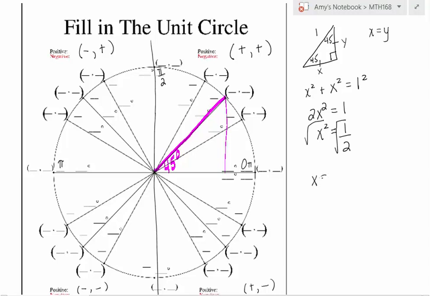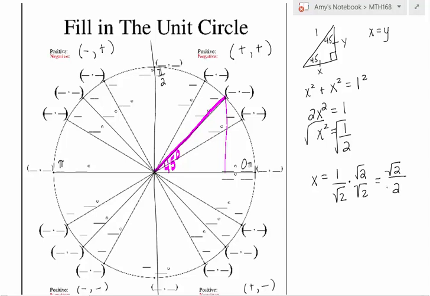So when I take the square root of both sides, the square root of 1 is 1, and the square root of 2 is square root of 2. Well, I want to get rid of the square root of 2 in the denominator, so I'm going to multiply the square root of 2, top and bottom. That will rationalize my denominator and get that radical out of the denominator, leaving me the square root of 2 over 2. Because square root of 2 times square root of 2 is square root of 4, and the square root of 4 is 2.